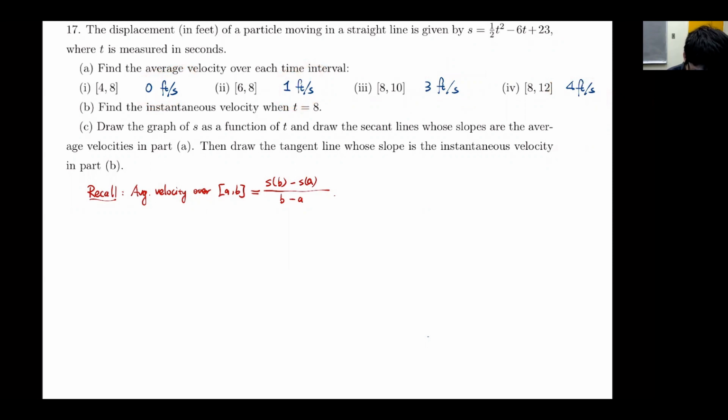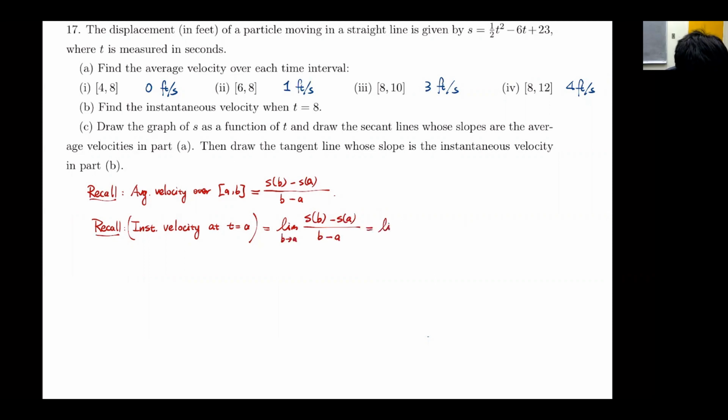For part B, we are looking for the instantaneous velocity at time t = a. Let's recall that the instantaneous velocity at time a is equal to the limit of the average velocity where the terminal time b approaches a.